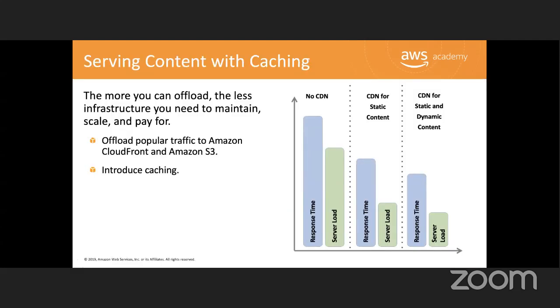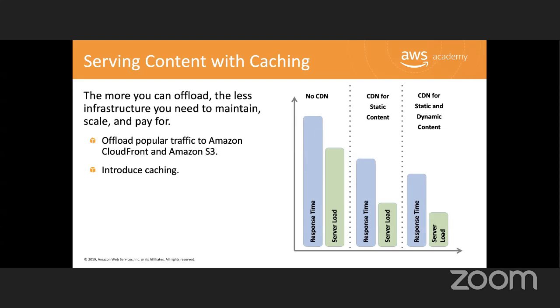So CloudFront is a content delivery web service. It gives developers and businesses a way to distribute content to end users with low latency using cache edge locations. Okay, so it can transfer data real quick with no minimum usage commitment.